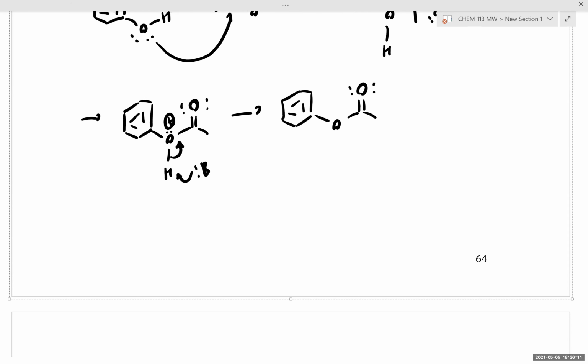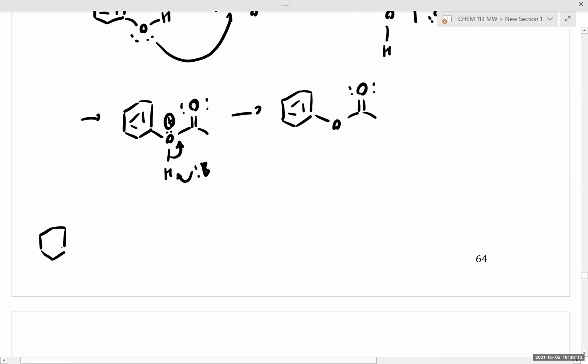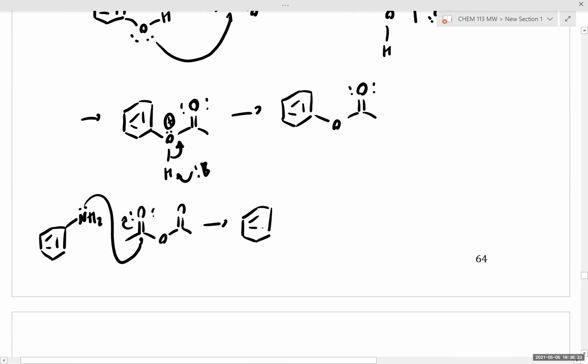Okay, let's look at the aminolysis mechanism next. It's functionally identical. So in this case, our nucleophilic amine attacks the electrophilic anhydride carbonyl carbon. We've seen this exact reaction and this exact mechanism in the acetanilide synthesis lab that we saw earlier this semester.